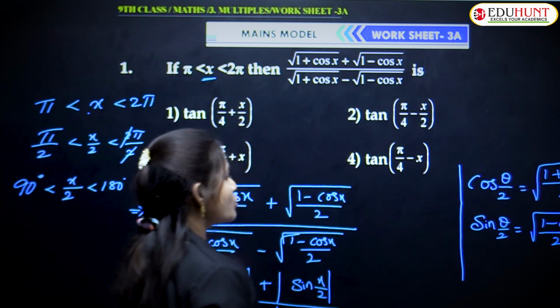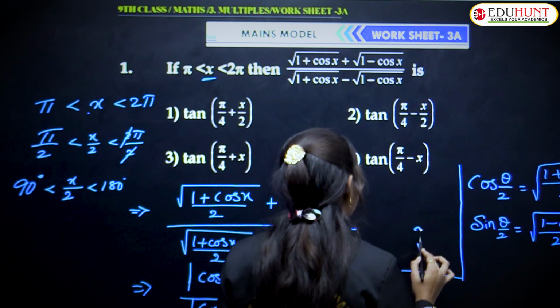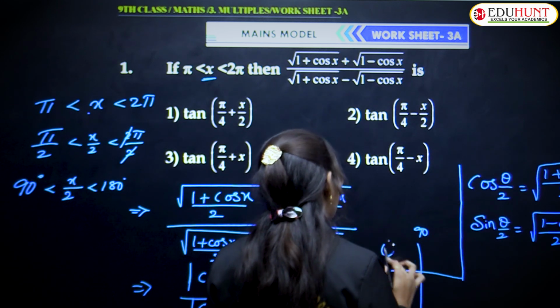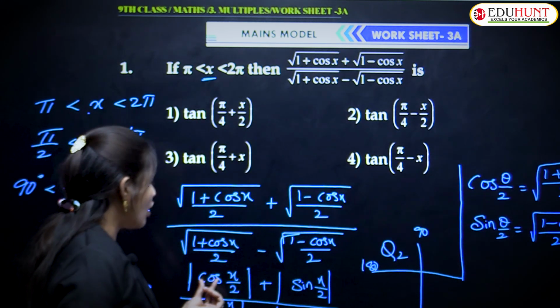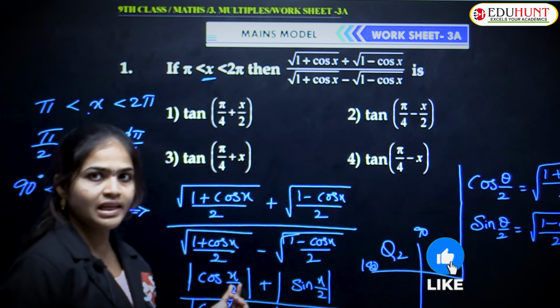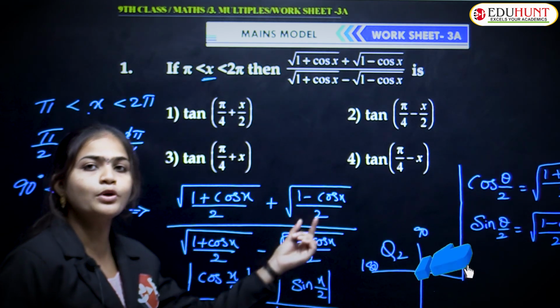90 to 180 degrees, which quadrant is that? That is Q2. In Q2, is cos positive or negative? Negative. Is sin positive or negative? Positive.